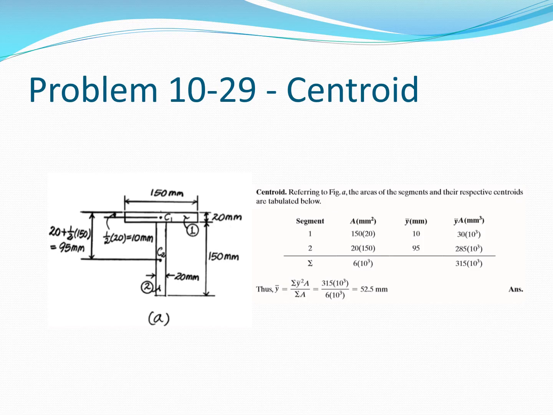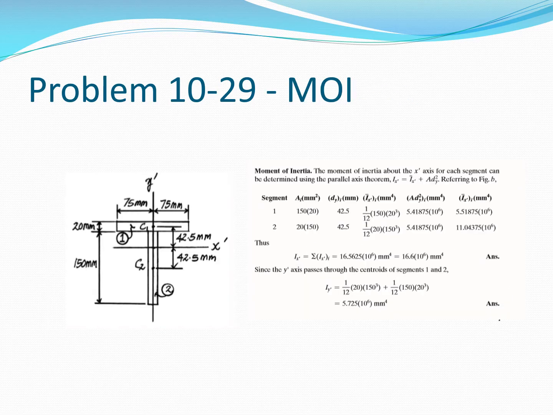Now we're going to use that information to find our moment of inertia. Again, we're using a table. For each of these, we need to know the area. The areas are the same as they were before. Now we need to know the distance from the centroidal axis to the centroids of each of the elements.